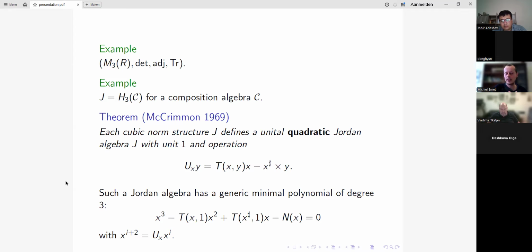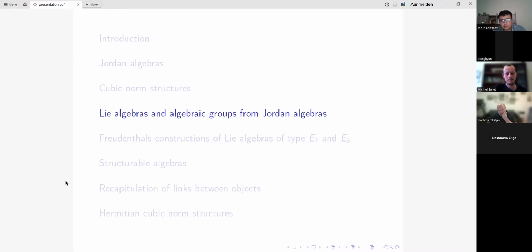If you plug any x into this polynomial, you get 0. Of course, you have to be careful with how you define the powers of x. And in the way that the equation stands on the slide, it's not entirely sufficient to say that this Jordan algebra has generic degree 3, but I won't go into details for that.